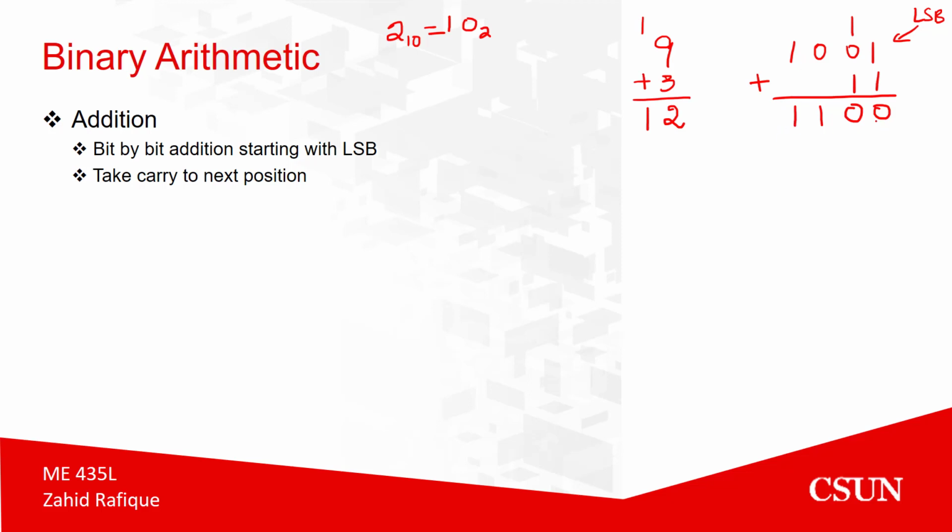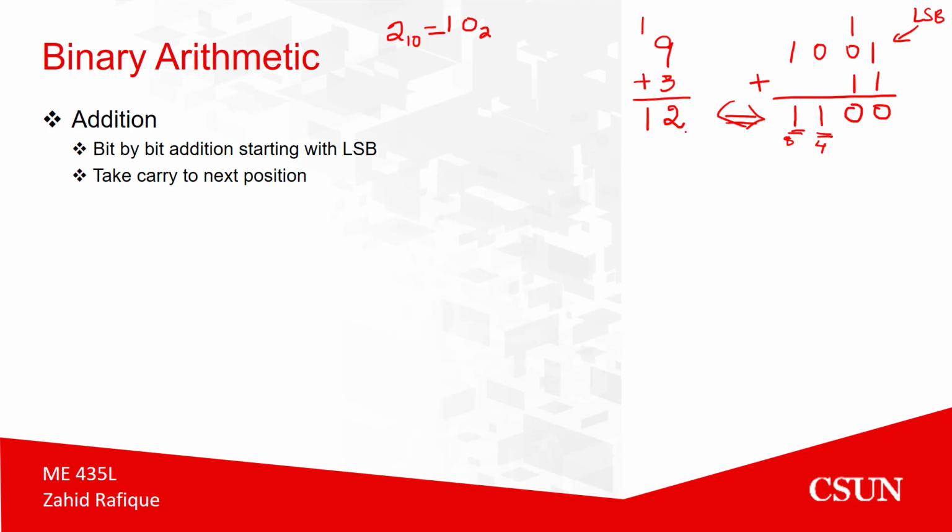Now if you would convert this back into your decimal number system, you get 12, because the value of this bit is 8, the value of this bit is 4, so 8 times 1 is 8, 4 times 1 is 4, 8 plus 4 plus 0 gives me back 12.